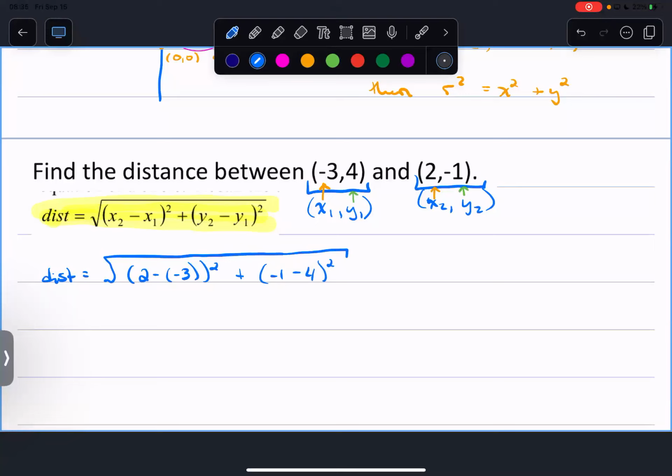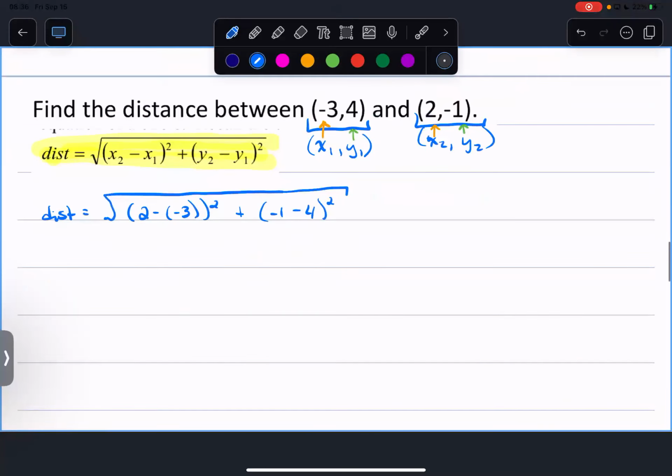And again, careful with those negatives, but I like to just maybe confirm that I did it. Yes? Plug and chug. We plugged, now we chug. We leave the square root until the very, very end, right? And just like an onion, you have to work your way from the center out, right?